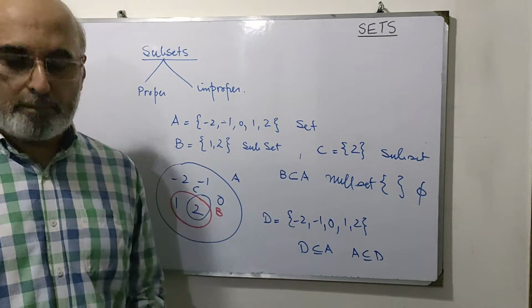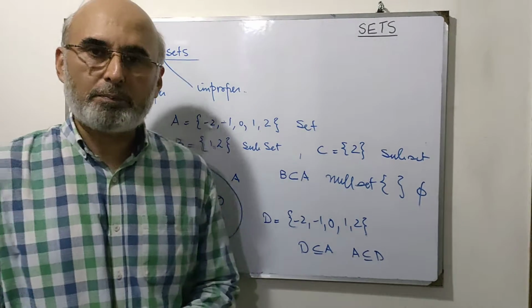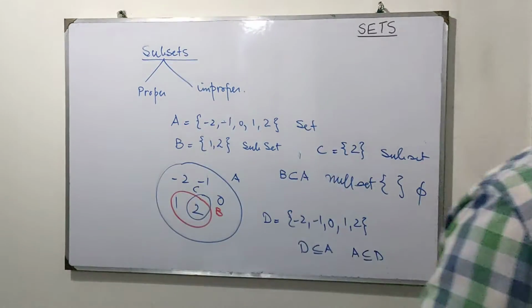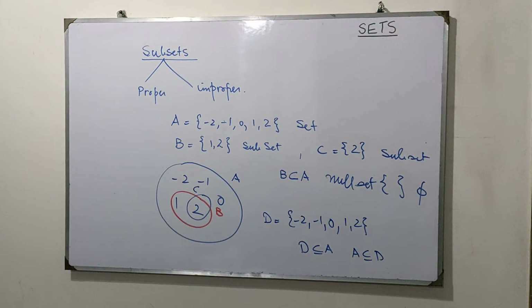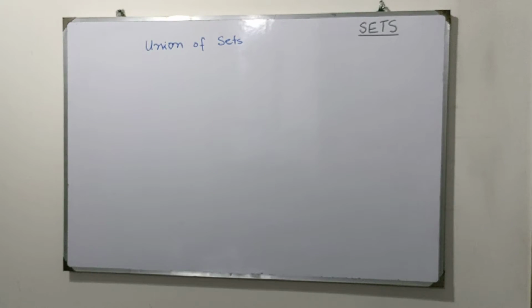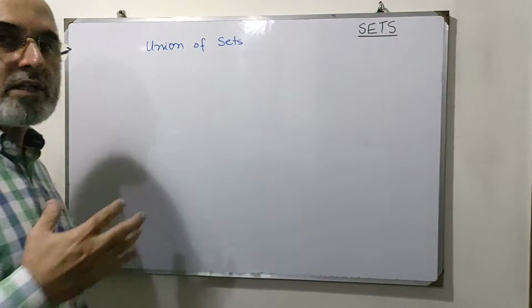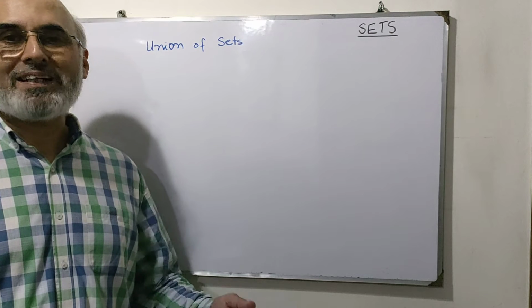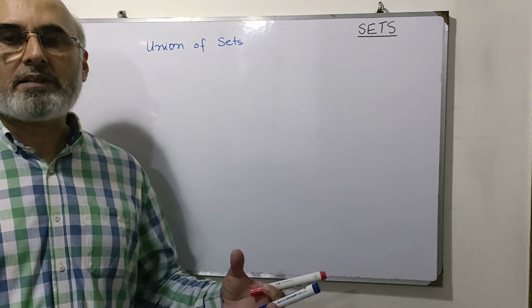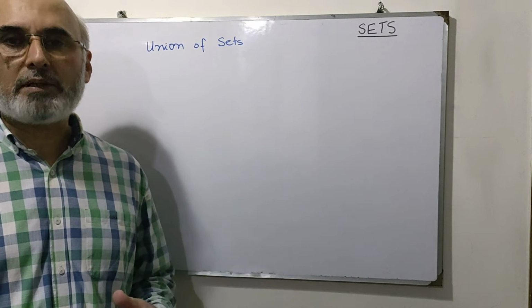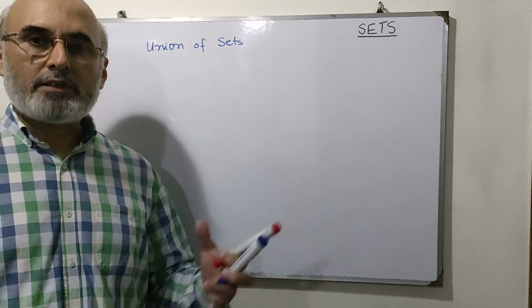Now let's take an example of a union of sets. Now we are going to discuss union of sets. So what is the union of sets? It is basically a collection of elements of both the sets.